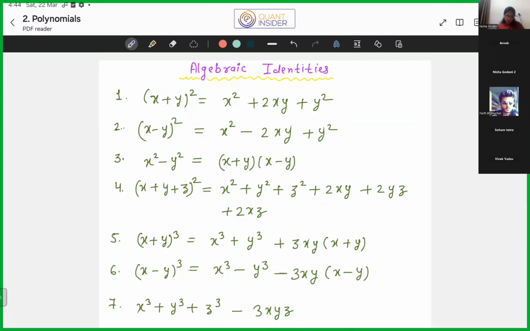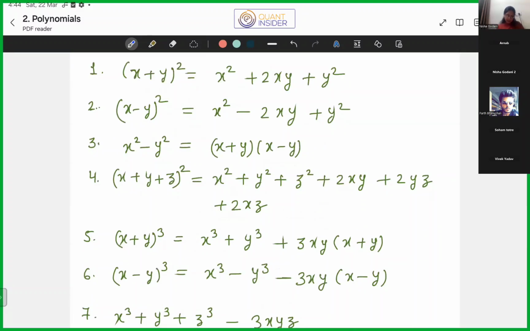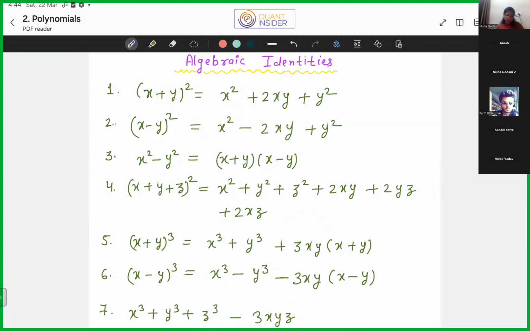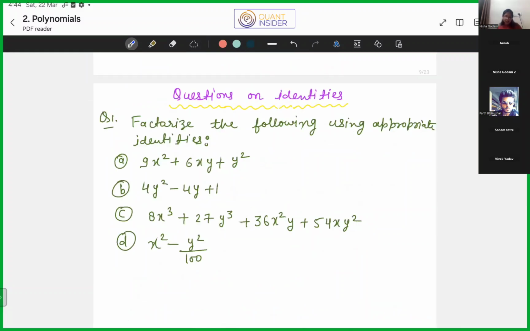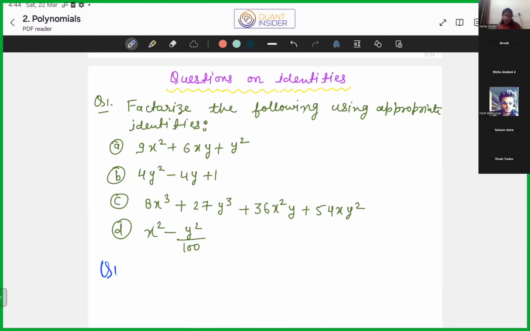In the first one, the a part, you have to factorize using appropriate identities. So 9x square plus 6xy plus y square. How to factorize this by using an identity?